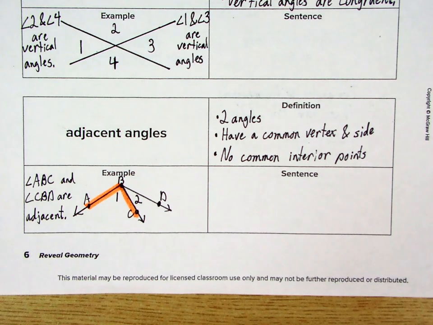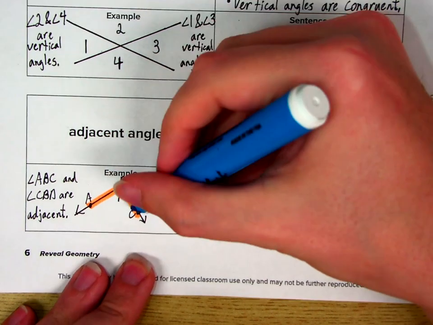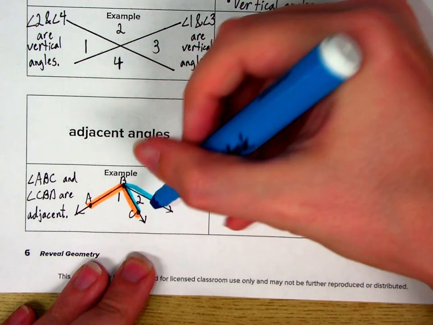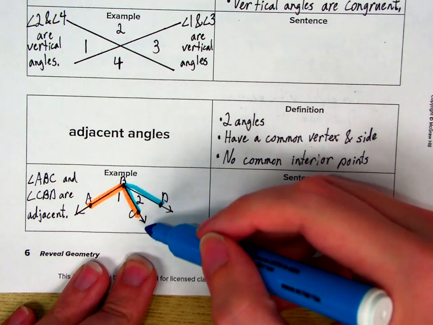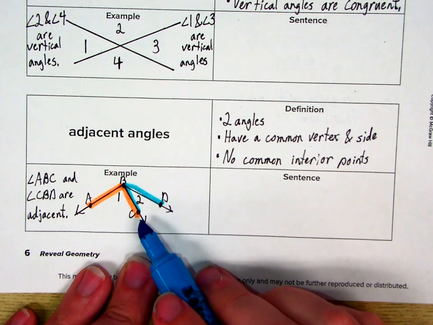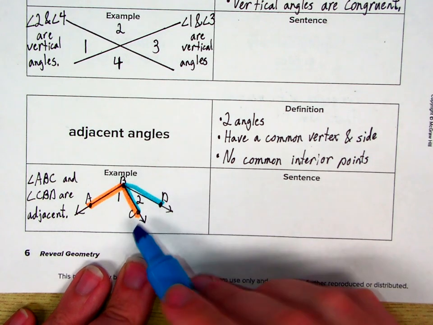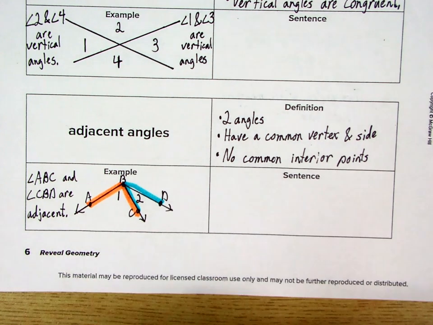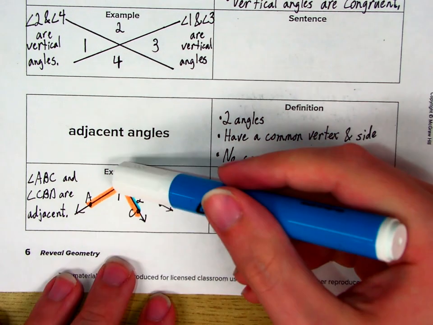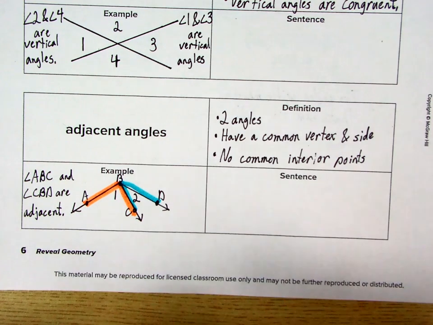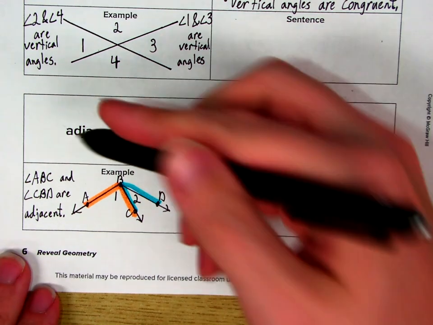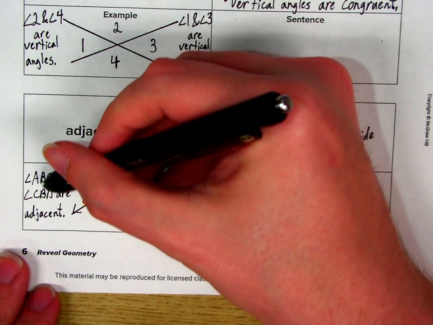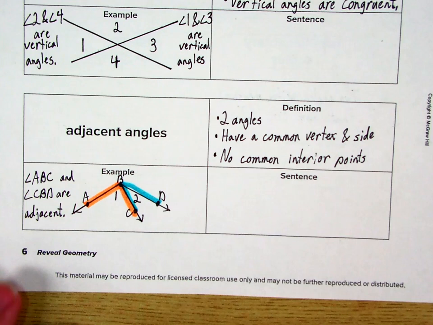CBD is the other angle. Notice that they are sharing this side here, the side B to C, and they intersect only at point B. B is the vertex of both angles.